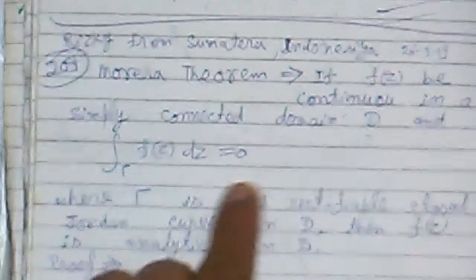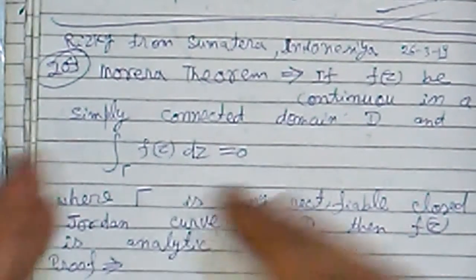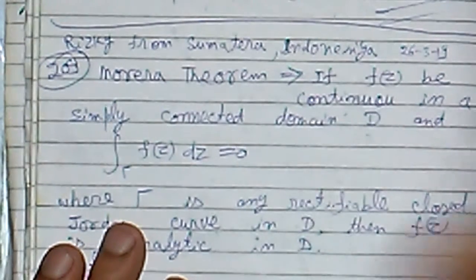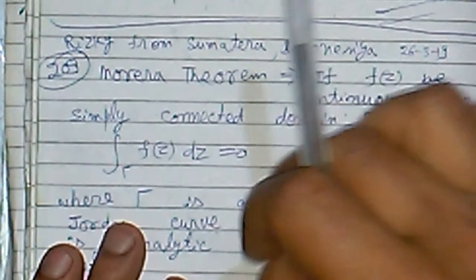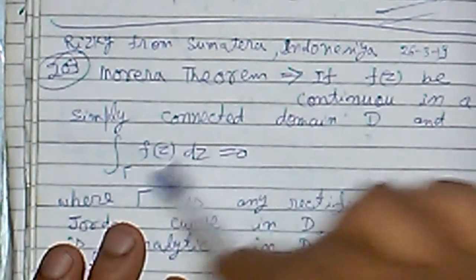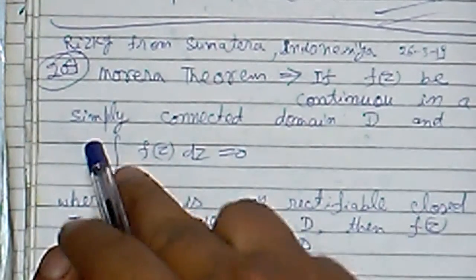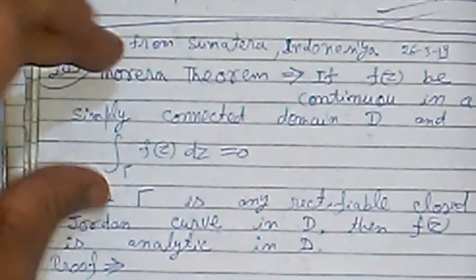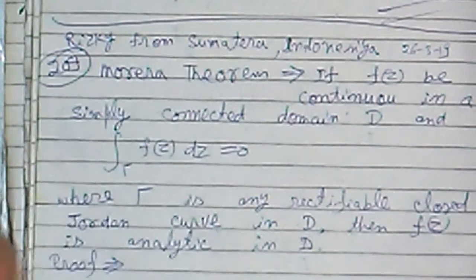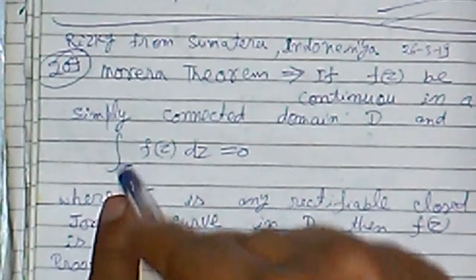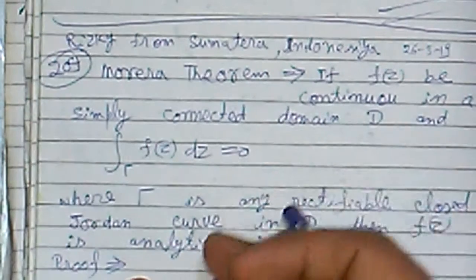First, we use this statement to prove that this integral in the domain along any curve is independent of the curve. It only depends on the initial point and the final point for this function f(z), which has the property given here: f(z) is continuous in a simply connected domain D. So we use this portion to prove the integral is independent of the curve, and only depends on the initial point and final point.